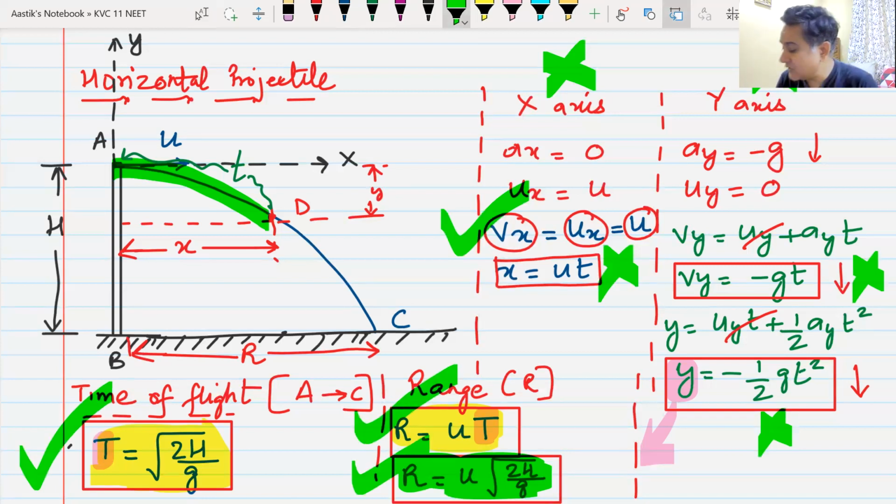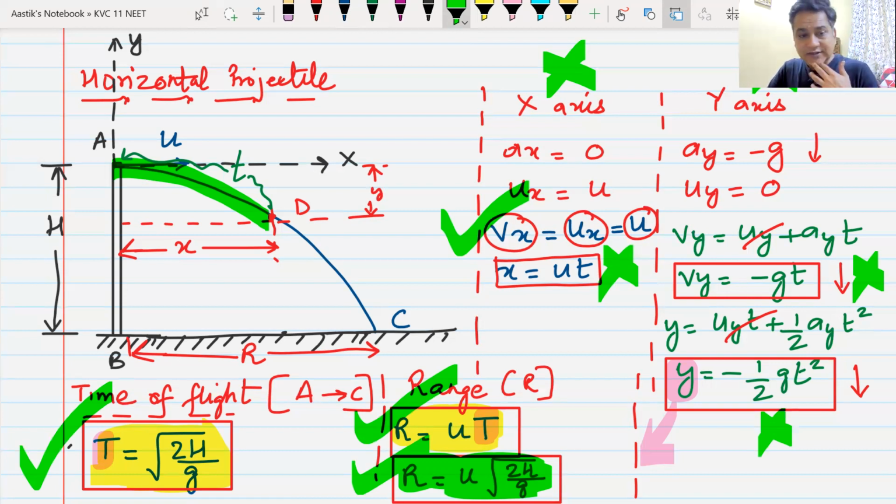The ones with the tick should be learned by heart nicely. The ones without the tick, you may not do so patiently. Do we understand this? Yes or no?